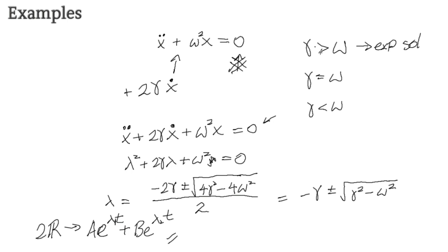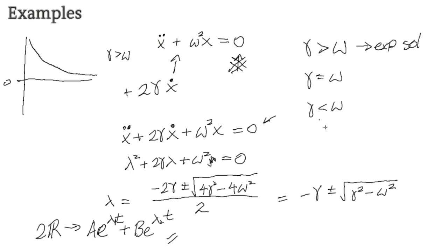Basically the damping force is too great such that it's no longer oscillating. Instead, it's trying to return to the initial position really slowly, so you get something like that, where this is equilibrium, of course. I'll just draw a few graphs over here in a bit. So this would be gamma greater than omega.